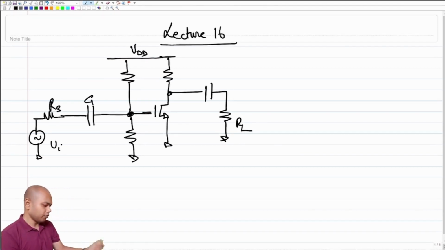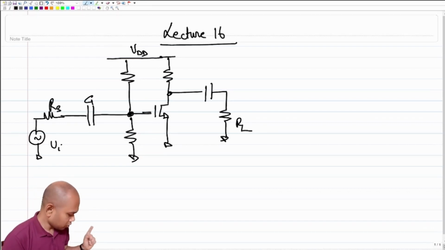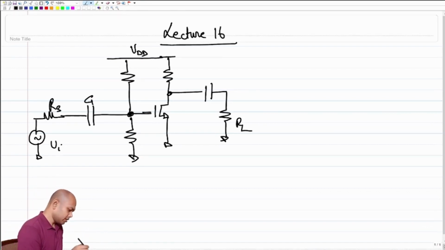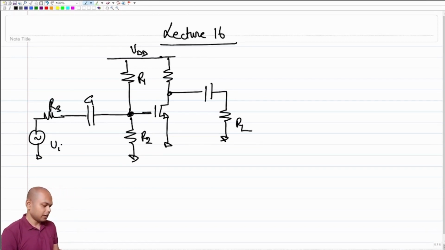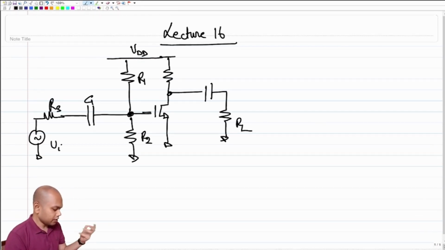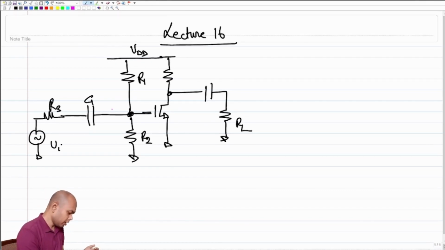So note that we have only one voltage source VDD. The bias at the gate of the transistor is being derived from the resistor divider network formed by the resistors R1 and R2. And note that at the gate of the MOSFET, no DC current is flowing this side or that side.